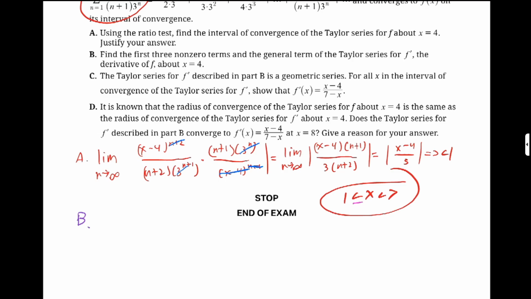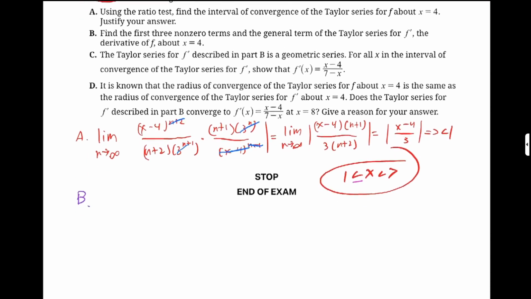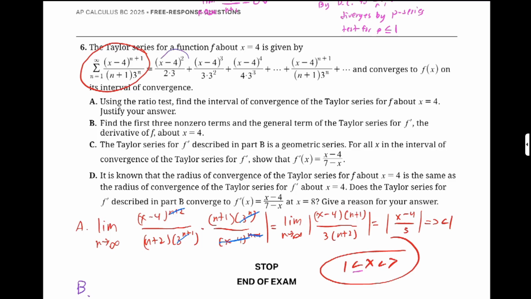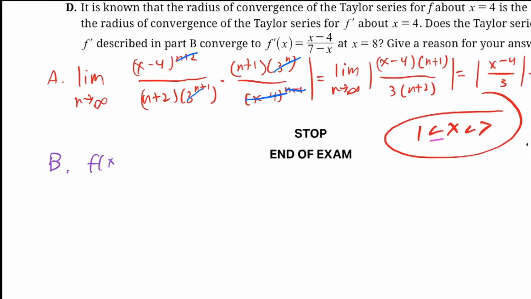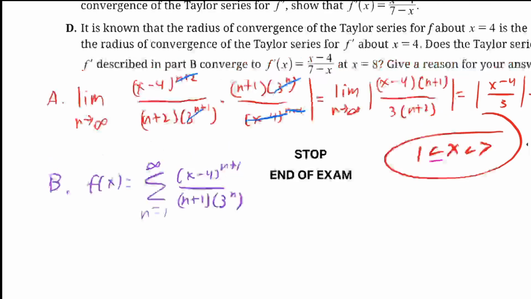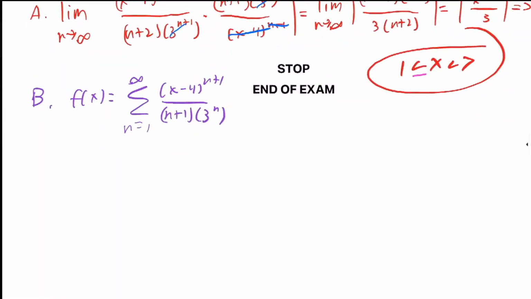Okay, so this is how you do it, guys. Instead of taking the derivatives individually and then finding a general term, which is too much time, first rewrite the sum. Remember f of x is equal to the infinite sum from n equals 1 to infinity of x minus 4 to the n plus 1 over n plus 1 times 3 to the n. Okay, this is our summation.